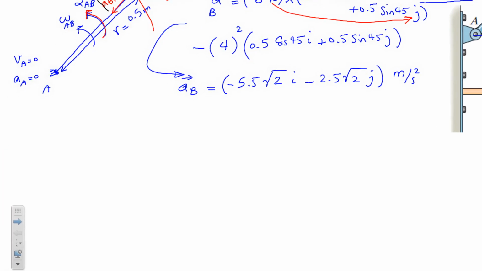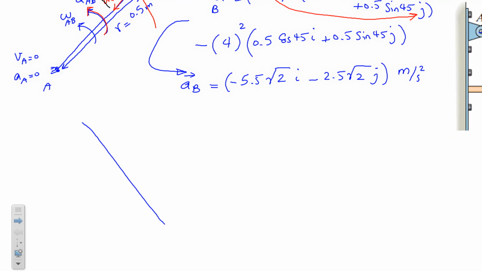Now we are interested to see the kinematic diagrams of link BC. So we have the velocity of B. We have acceleration for B in X and Y direction.